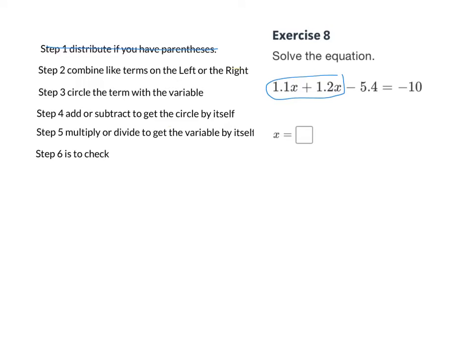1.1x plus 1.2x is going to be 2.3x minus 5.4 is equal to negative 10. Now, we've combined like terms. We're going to circle the term with the variable. How are we going to get rid of that negative 5.4? We're going to do the inverse. The inverse of minusing 5.4 is adding 5.4 to both sides.